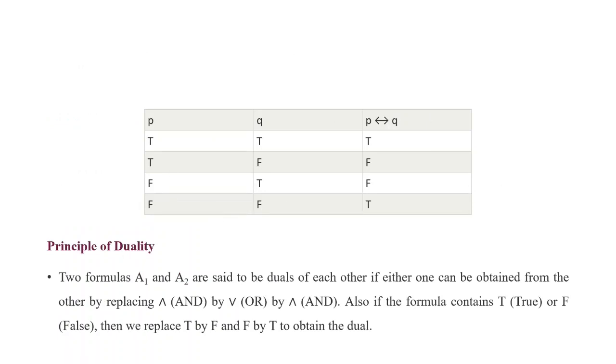What is the principle of duality? Two formulas A and A2 are said to be duals of each other if either one can be obtained from the other by replacing AND by OR and OR by AND.